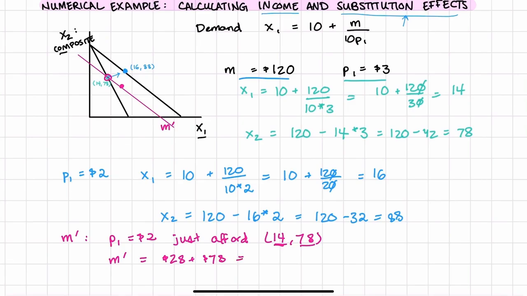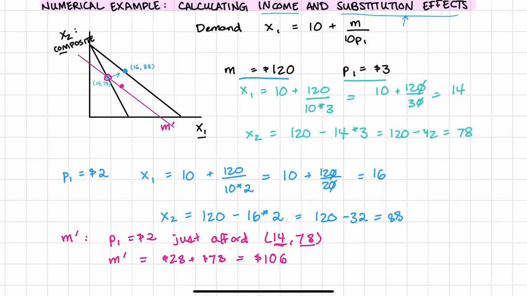And if we add those up, what do we get? 106. So that's going from 106 to 120. That's how much richer in purchasing power we are made because of this fall of the price from $3 to $2.